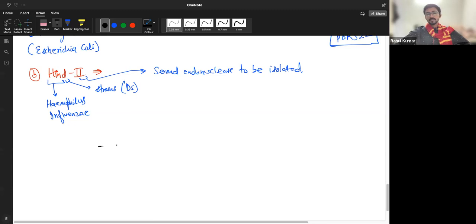The DNA has two strands, right? One strand reads 5' to 3', and the other reads complementary 3' to 5'. Now let's say here there was a sequence, any 6 base pair sequence, GAATTC. Now what will be the complementary sequence?